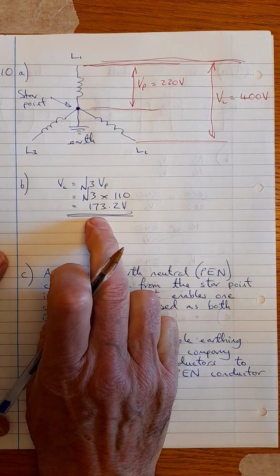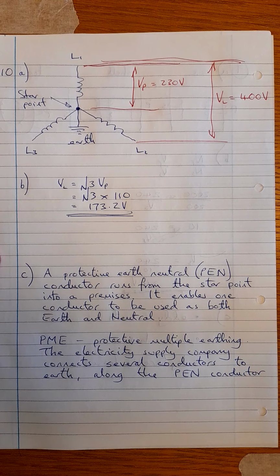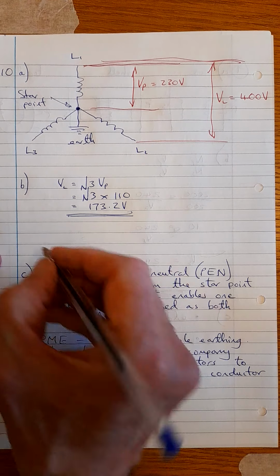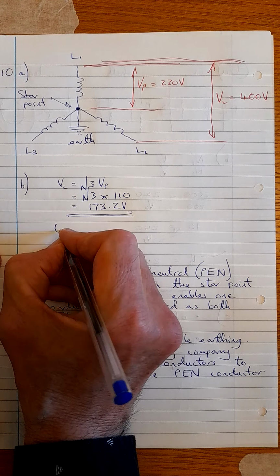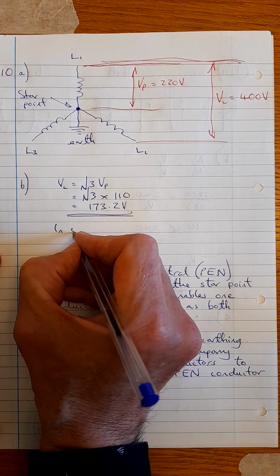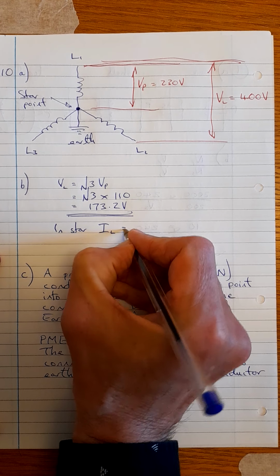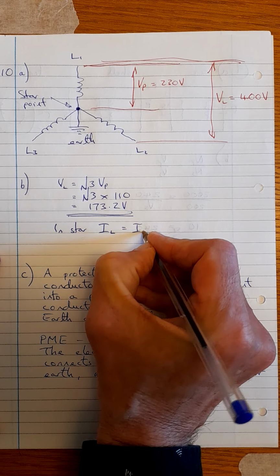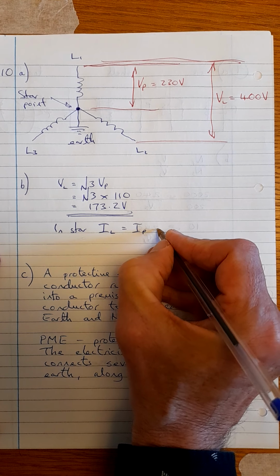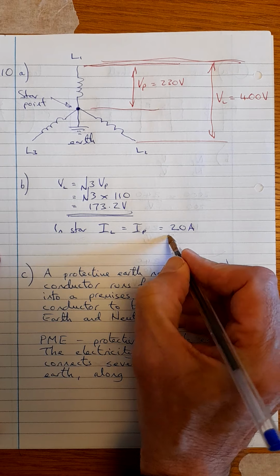So that is the line voltage if 110 is the phase voltage. The final step there is, it says find the currents if the line current is 20. So in star, IL equals IP. The line and phase currents are the same, and you were given the value of 20 amps.